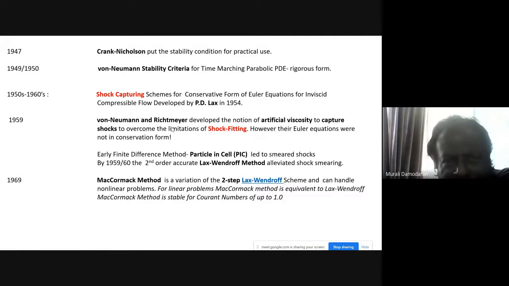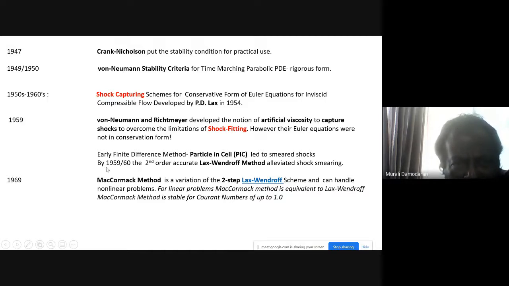But at that time, they were writing their Euler equations in non-conservation form. Then they found that the early finite difference methods, like the particle-in-cell method, led to shock smearing, so the shock strength is not computed accurately.